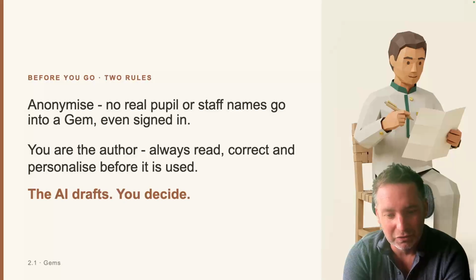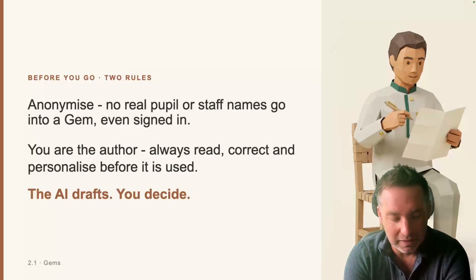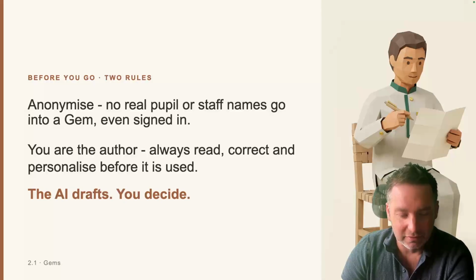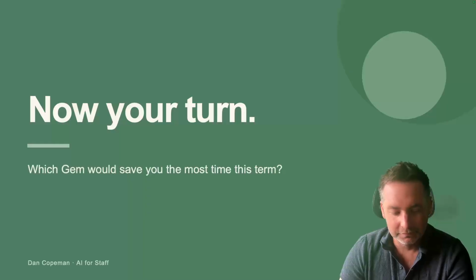So if you said that Jimmy wasn't very good at fractions, that's important that you own that. So you should only ever use AI to help you if you're going to own the output. And the AI drafts, you decide is our golden rule.